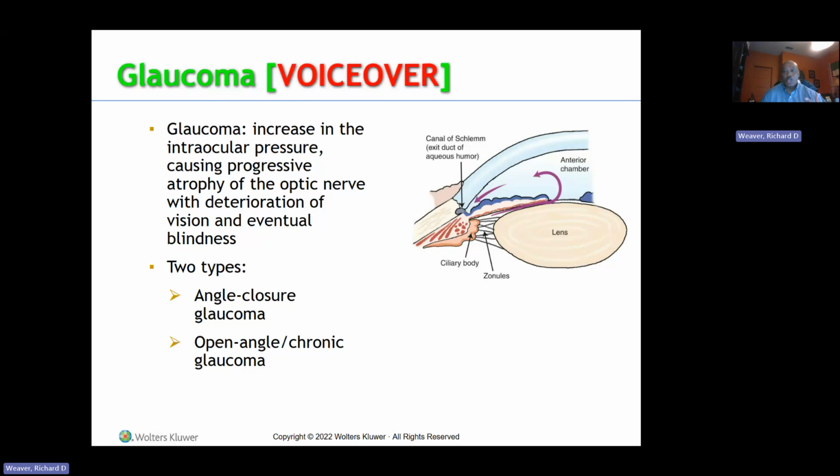It's the aqueous humor fluid that is building up in the anterior portion of the eye. It just can't drain properly or normally, and therefore that fluid backs up and increases the pressure in the eye. Hence, the increased ocular pressure.